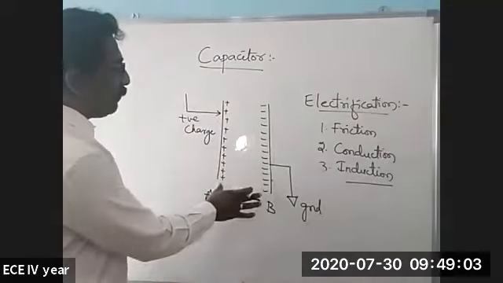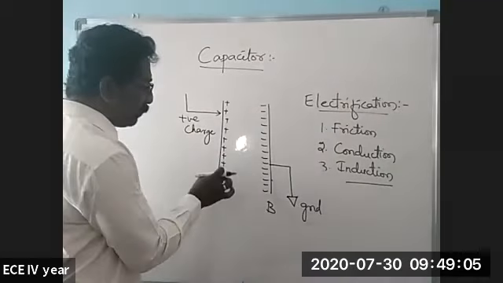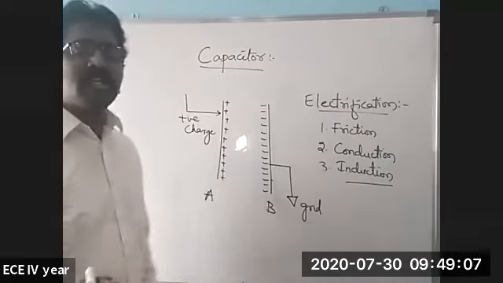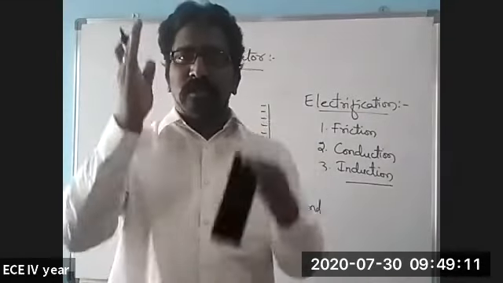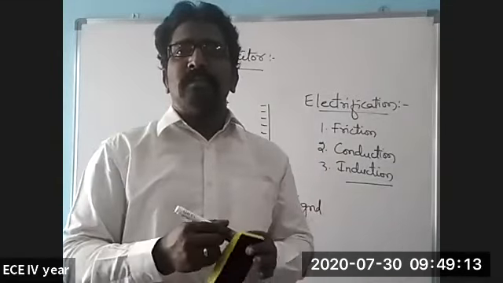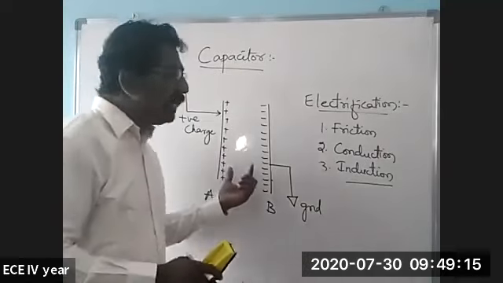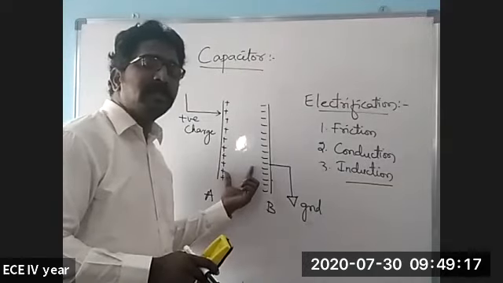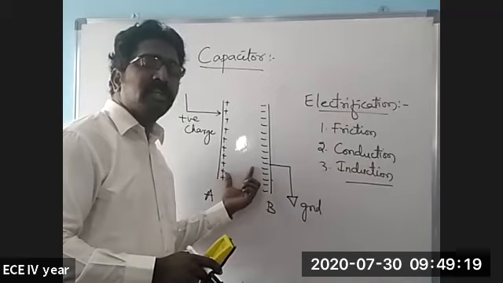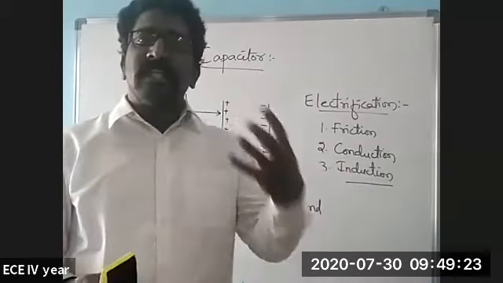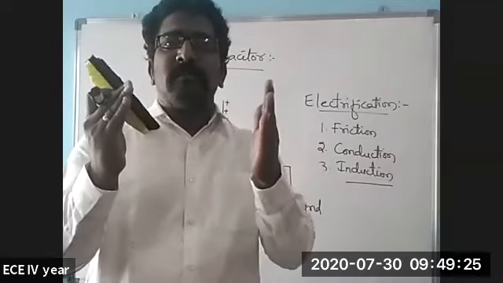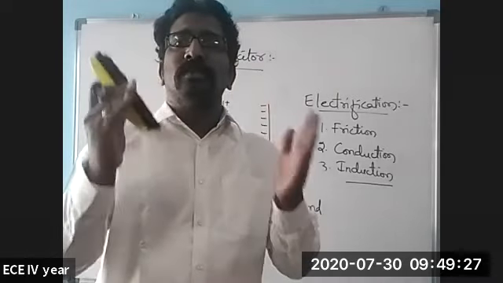So now, what is happening here? There are positive charges and negative charges inside, on the two plates, plate A and plate B. Now, if I don't put any insulating material between these two, then definitely the portion between plate A and plate B is going to become a neutral body.